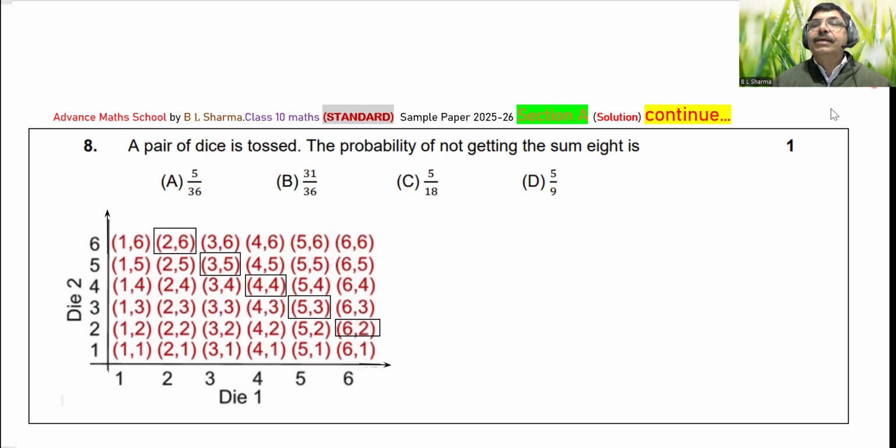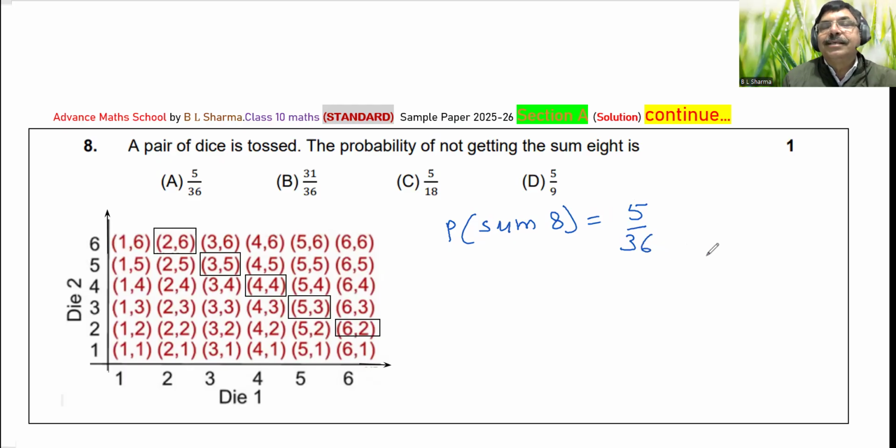So we can write here that probability of getting sum 8 is 5 upon 36. Probability of not getting sum 8 is equal to 31 upon 36.